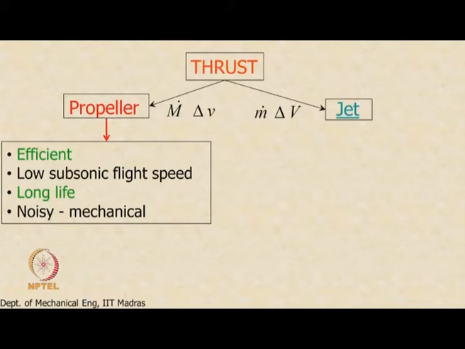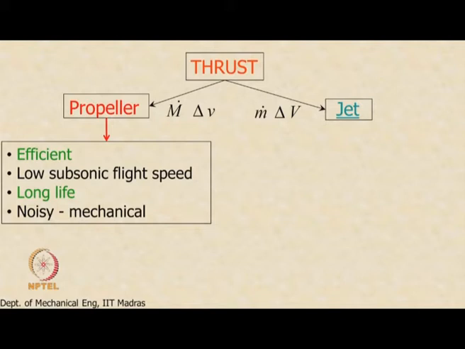Now, in contrast to a propeller, a jet propulsion system imparts a large velocity change to a small mass of air. That is why I have shown the V in capital letter and the m in small letter. So, you can see the contrast between the two. We impart a large velocity change to a smaller mass of air, and thereby we again produce thrust.